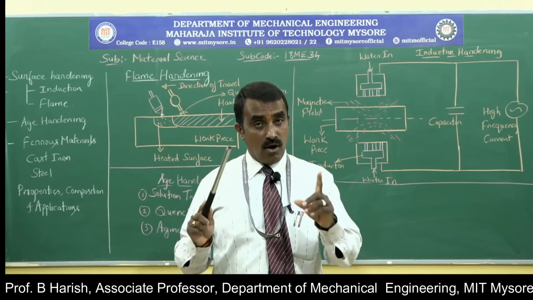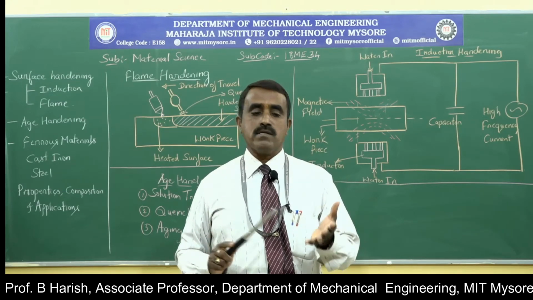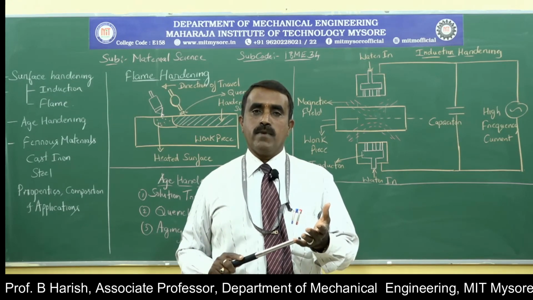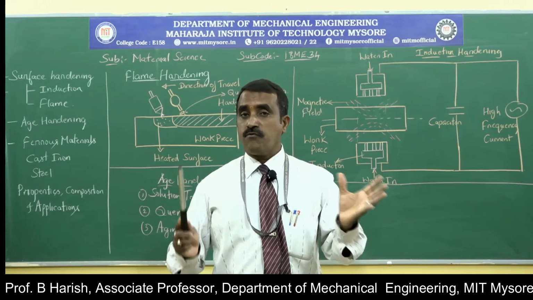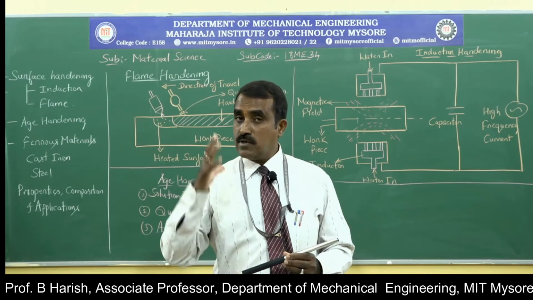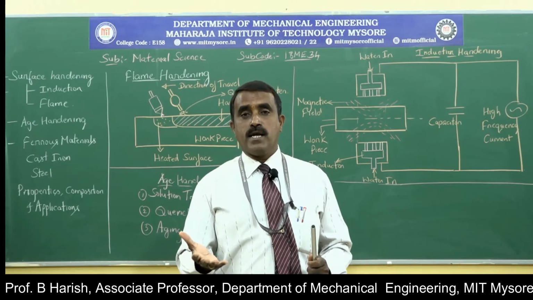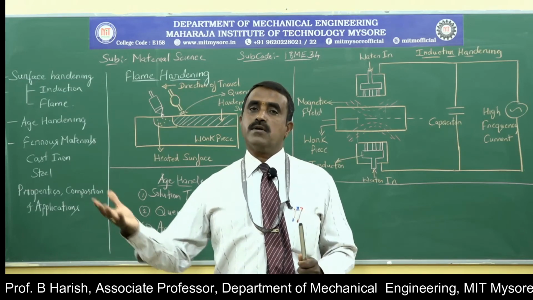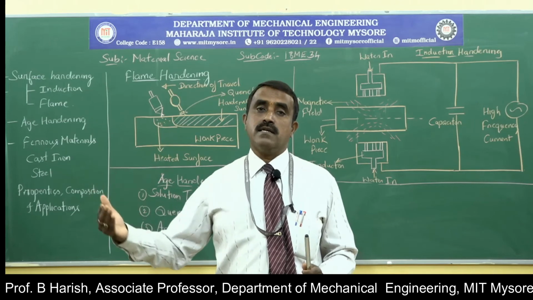This is not seen in all cases, remember. It is observed only in certain types of alloys like aluminum zinc, aluminum copper, then copper tin. These are the few alloys where we can observe this change. When kept at a lower temperature for a longer duration of time, its hardness gets increased.